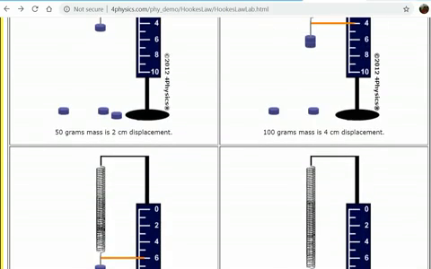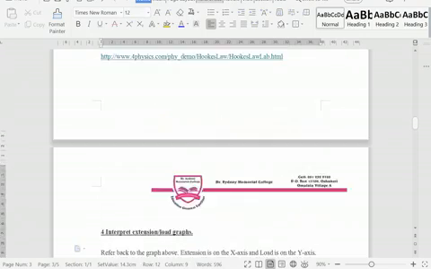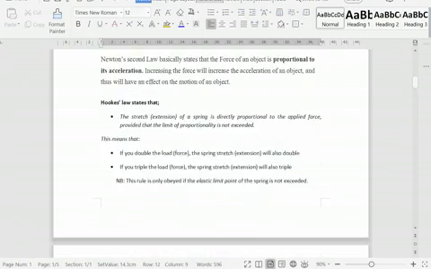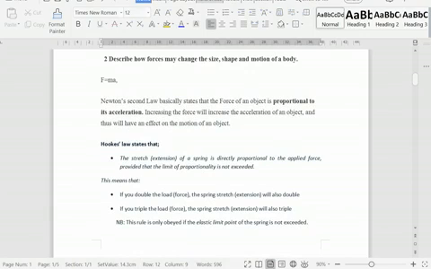If we recall from what we are told about Hooke's law, if you double the load, the spring stretch will also double. If you triple the load, the spring stretch or extension will also triple, right? So this is true for any spring whose elastic limit has not been exceeded, right?